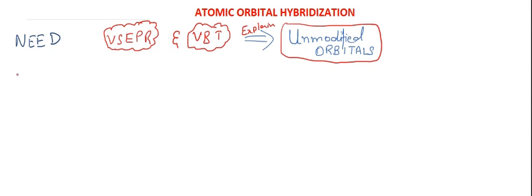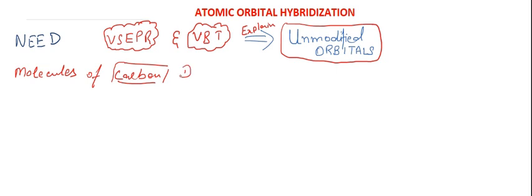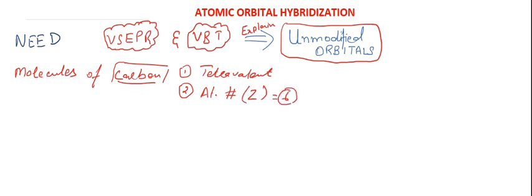a few molecules, like the molecules of carbon. We know that carbon is, number one, a tetravalent atom, and number two, its atomic number, that is Z, is 6.